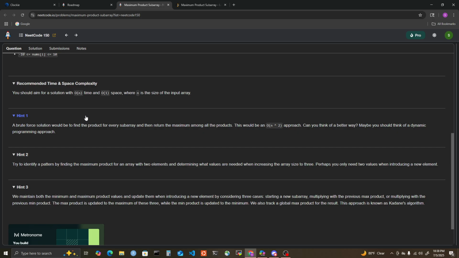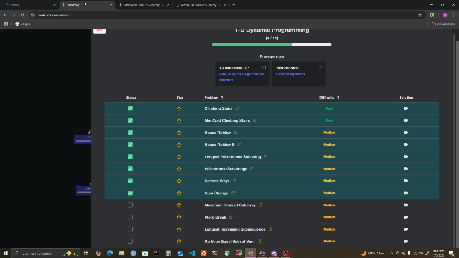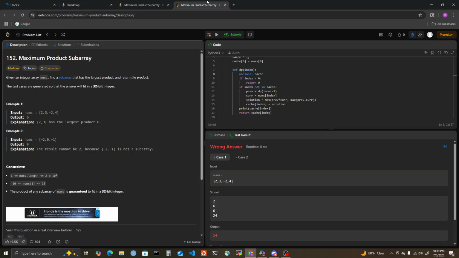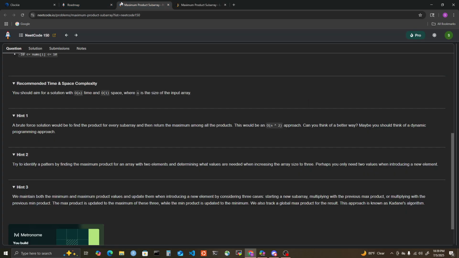What's the previous min product? I don't think I'm understanding the min product right, because in this situation here, my min product would just be a huge negative number. I don't think I'm understanding what they mean by min product.